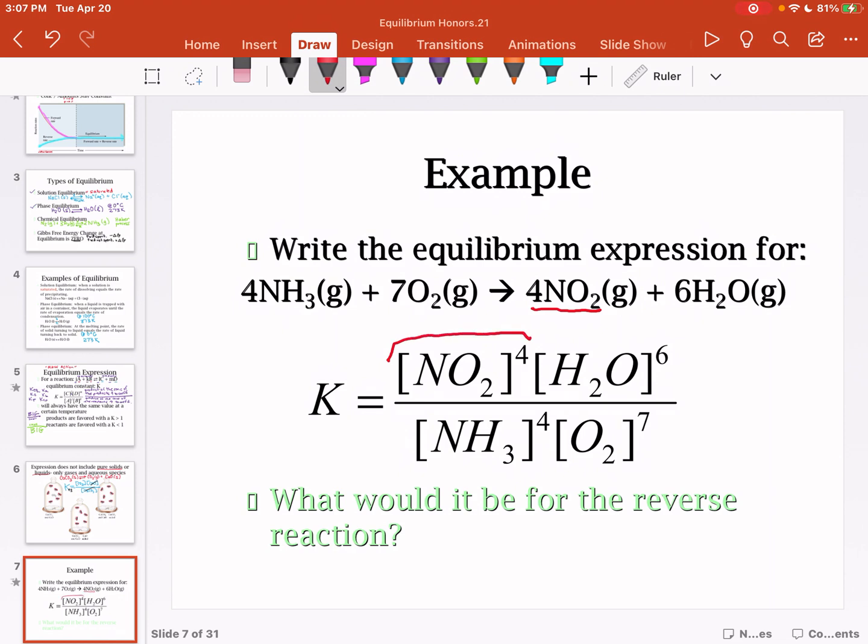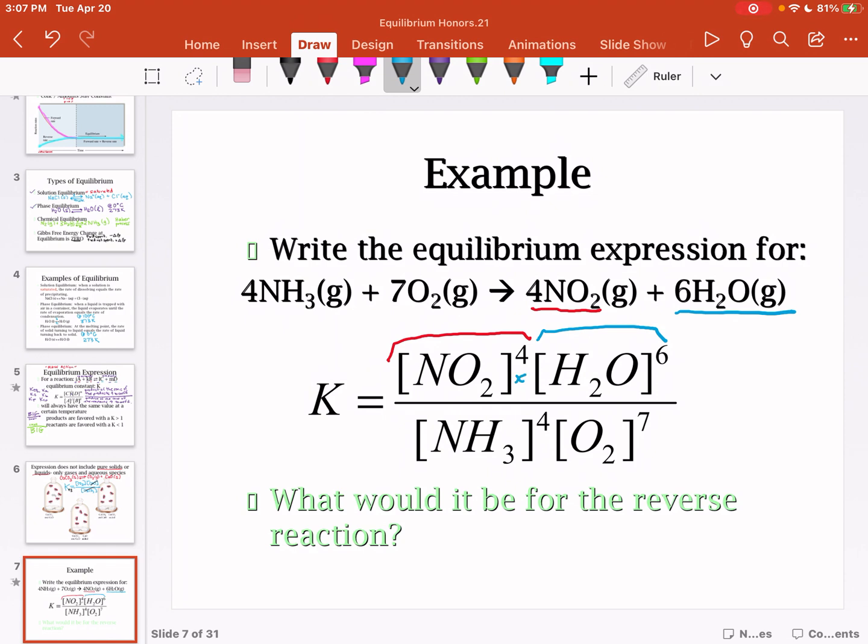I multiply it by water. You're like, oh, hold on a minute, water is a liquid. However, this isn't liquid water, it is actually steam. It's got that gas symbol right there. So state symbols are definitely going to matter here. So I have my steam raised to that 6th power right there, right next to it. And it is implied by smashing them together like that that it is multiplication.